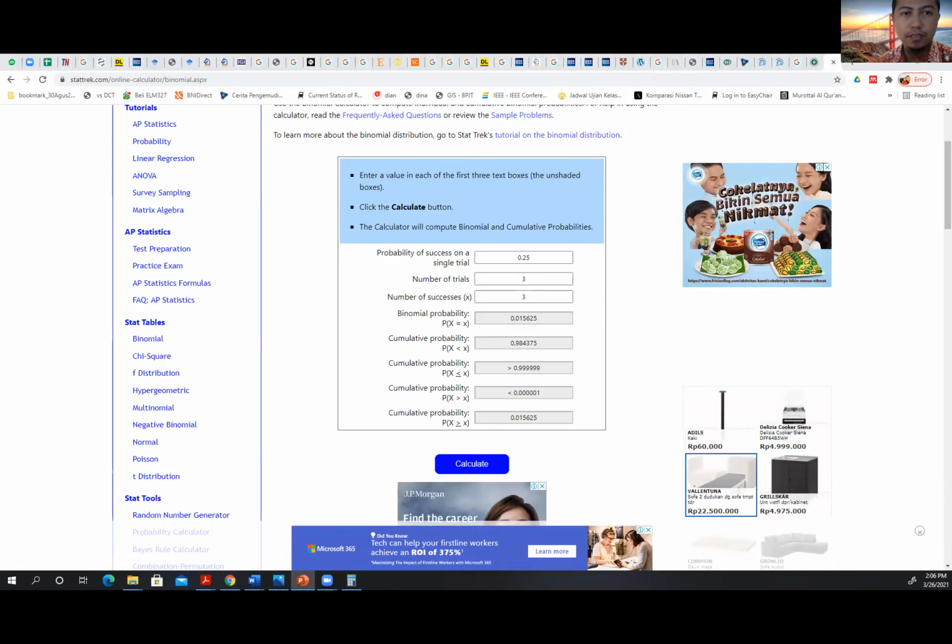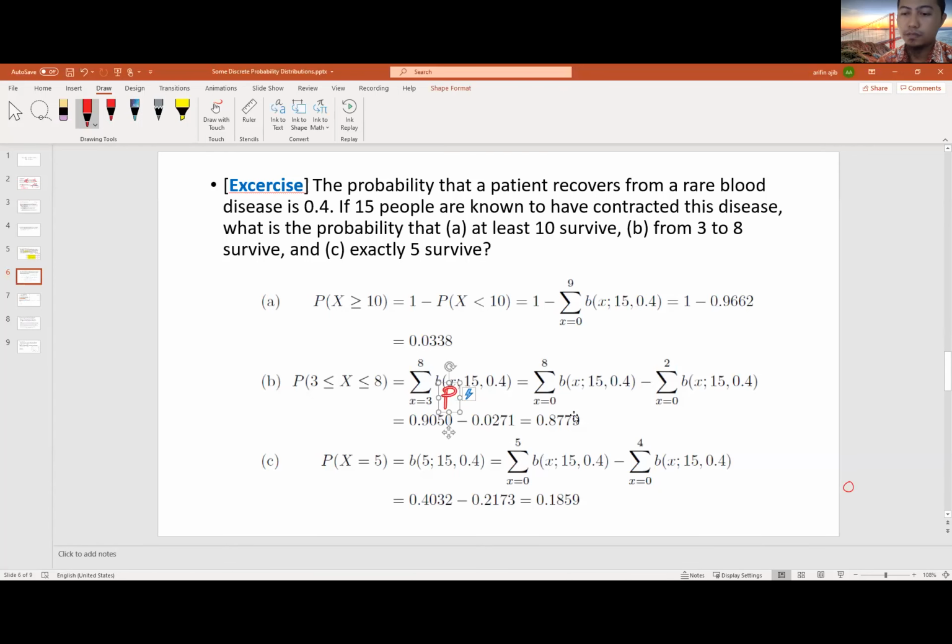Back to the slide. Sorry, it takes a bit of time, but I prefer to make you understand clearly. So please take the time. You can see, this is actually the probability of each component.